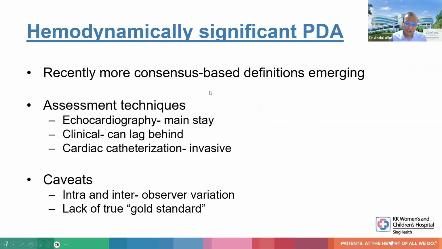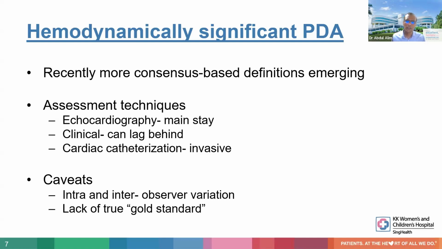So the definition of the hemodynamically significant PDA, if you look at the old literature, is very variable. Many of the PDA studies treated PDAs in the presence of a loud murmur with cardiomegaly, or a loud murmur with hyperdynamic precordium, and considered that a hemodynamically significant PDA. But only the studies in the last 10 years or so actually introduced echocardiographic assessment of the PDA, with echocardiographically significant PDA included in the trials.